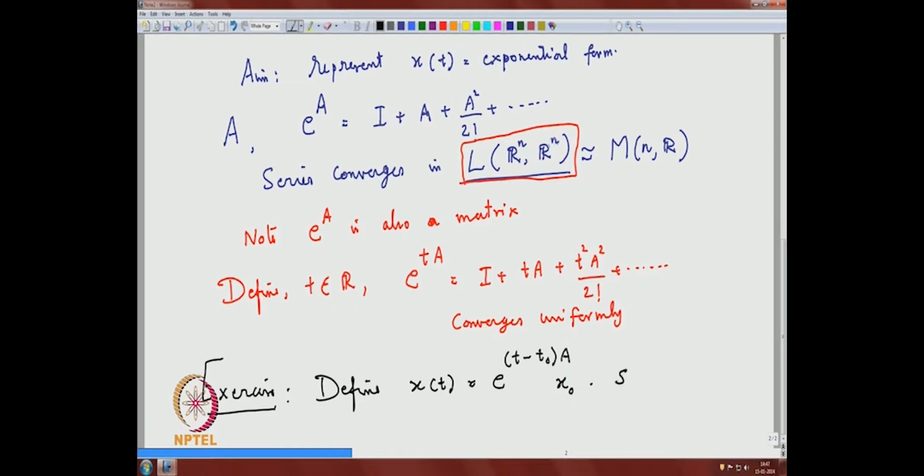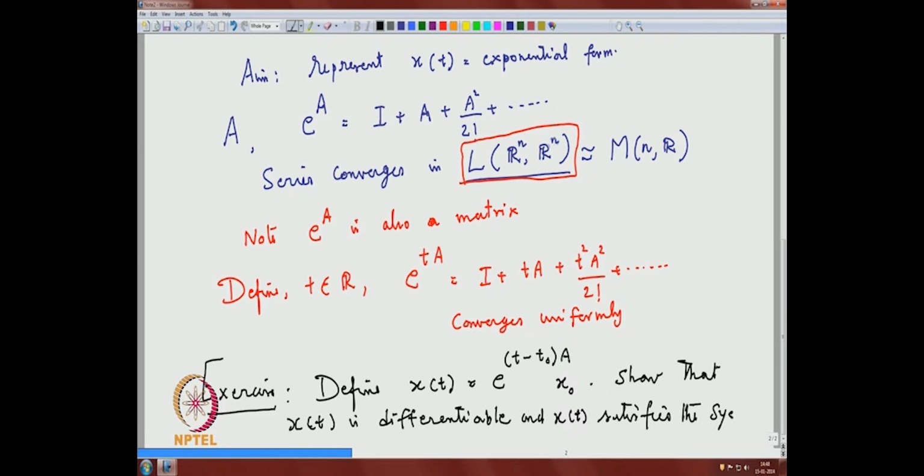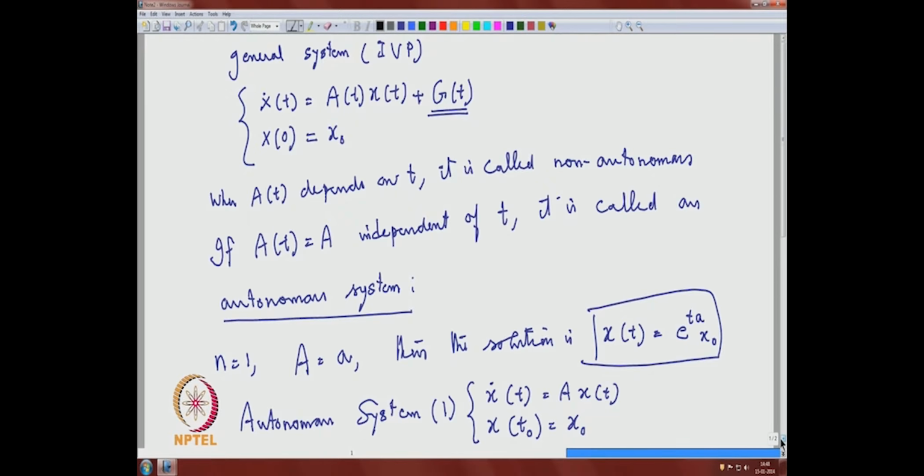So, the exercise is to show that x t is differentiable in t, and x t satisfies the system 1. What is system 1? This is the system 1.